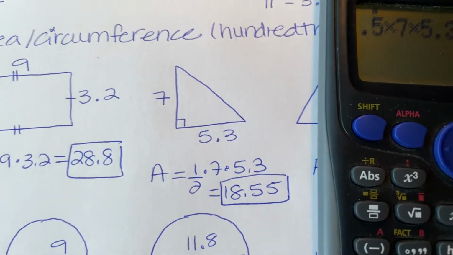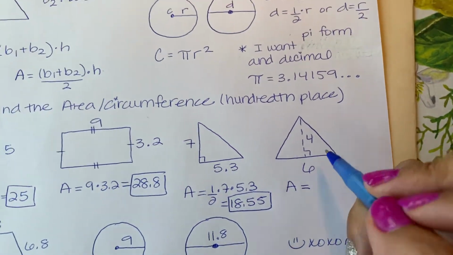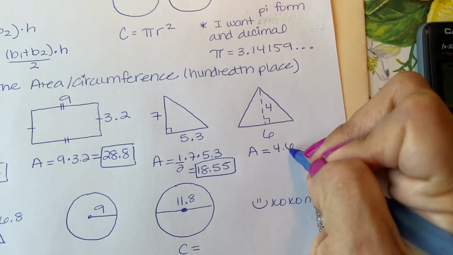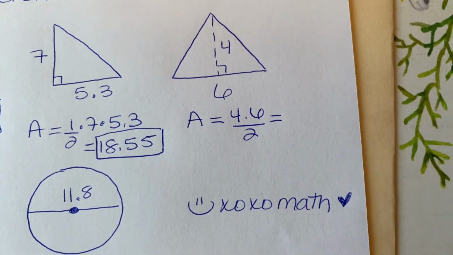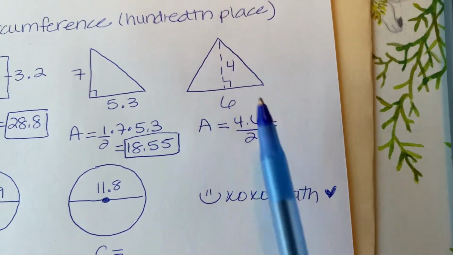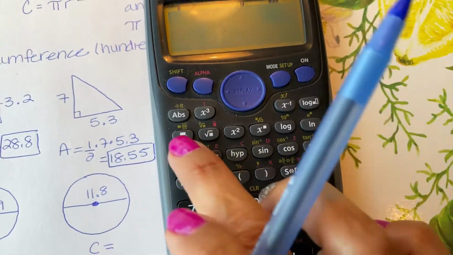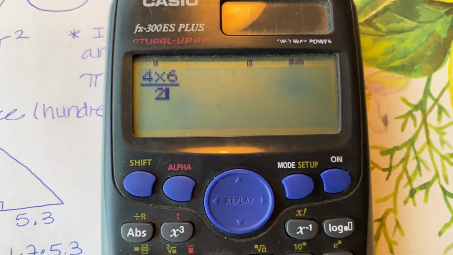So that's why I just went over this really elementary assignment with you. Say we want to use the divide by 2 over 1/2, right? So say you went 4 times 6 over 2, that's perfectly fine, right? What you see is what you type into the calculator, right? That's my base, that's my height. Okay, so what is 4 times 6 divided by 2? You can put that in the calculator.